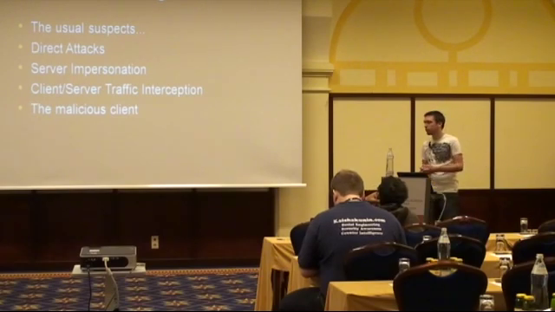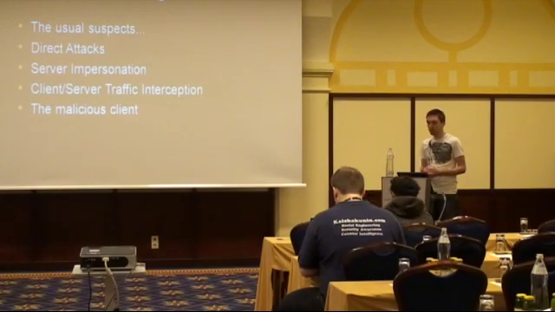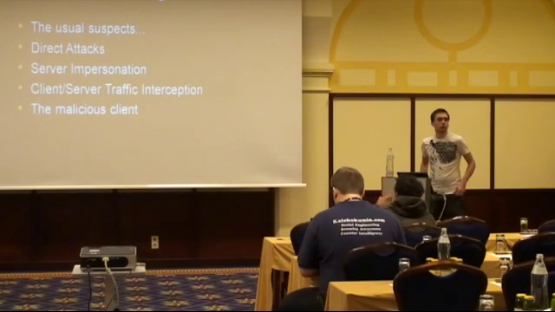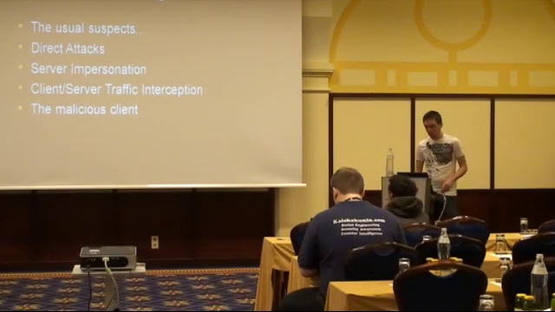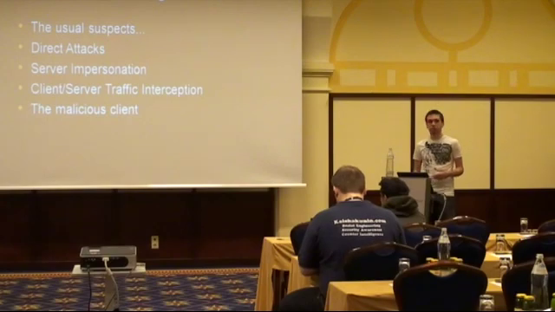Is it properly authenticated? Is it properly encrypted? And are there any vulnerabilities that could be exploited that way? And also there's the idea of a malicious client. You know, what happens if the clients themselves are actually trying to subvert the server? And do they have any further level of access because they've been configured as a client that a general system on the network might not have?